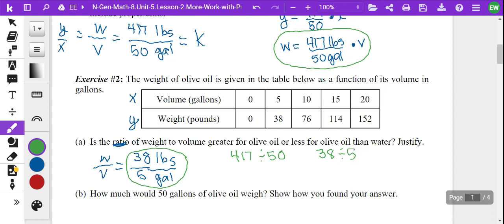We can't really compare those unless we convert to decimals. So water is 8.34, and 38 divided by 5 is 7.6. So water is greater than oil.